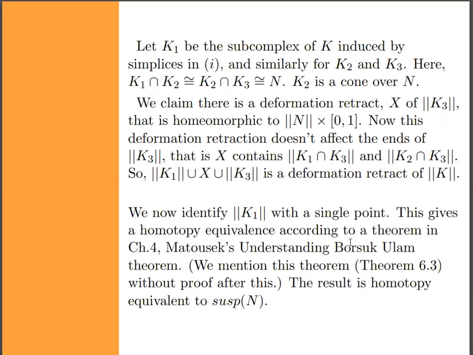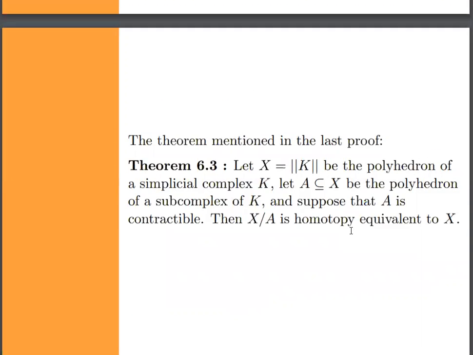But I'm not doing it here. And the theorem that we mentioned before is this: the quotient map is a homotopy equivalence. Again, I'm not giving the proof. So yeah, that's it. Thanks.